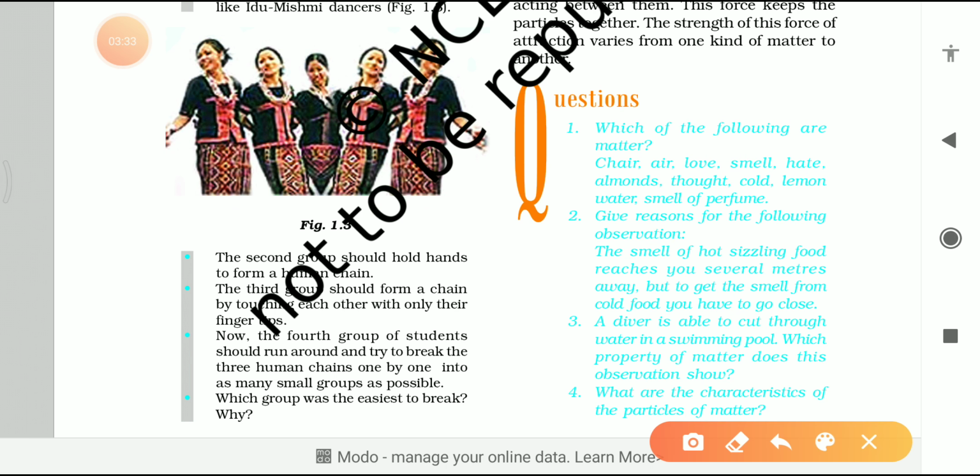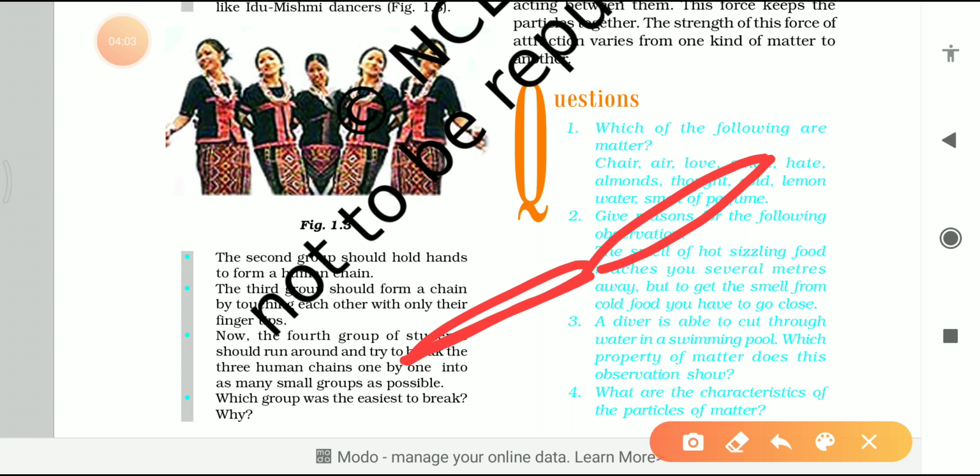In the third group, they touch hands, only the fingers. This is the finger, and this one is also a finger. The third group can make the human chain by touching the fingers only.